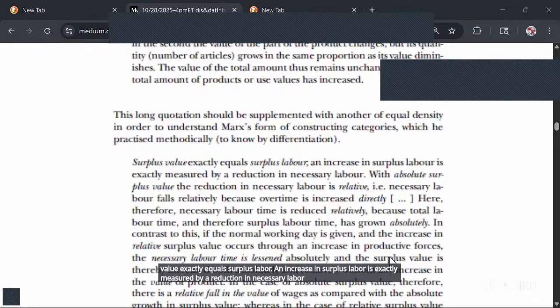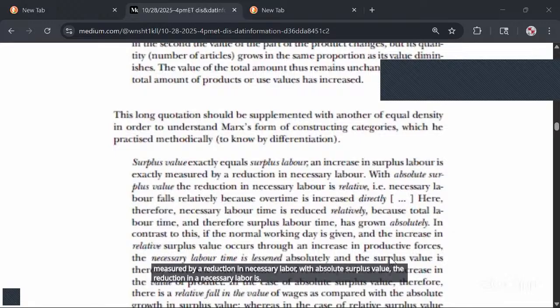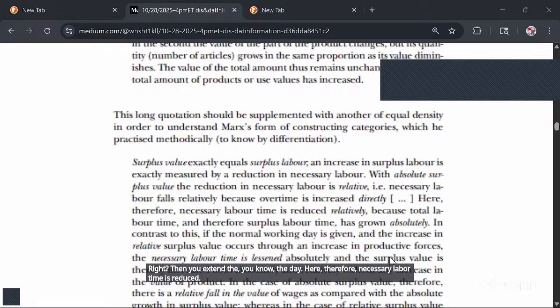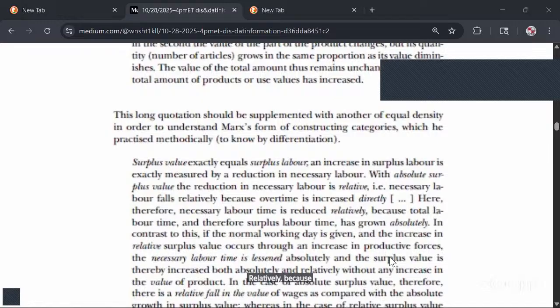With absolute surplus value, the reduction in necessary labor is relative, i.e., necessary labor falls relatively because overtime is increased directly, right? That you extend the day. Here, therefore, necessary labor time is reduced relatively because total labor time, and therefore surplus labor time, has grown absolutely.